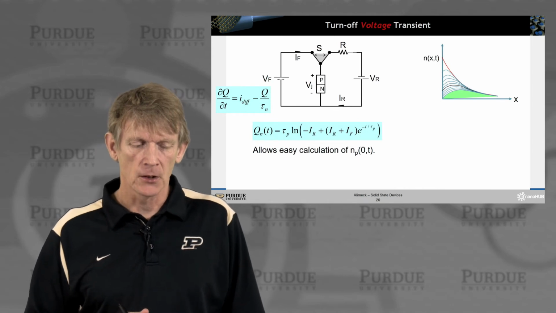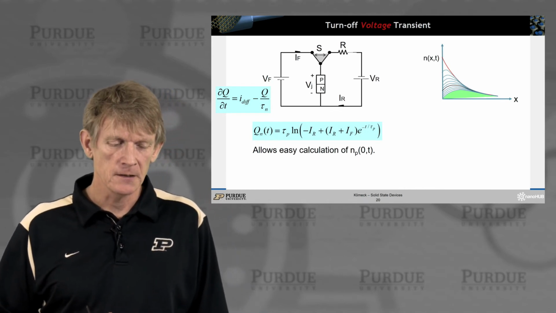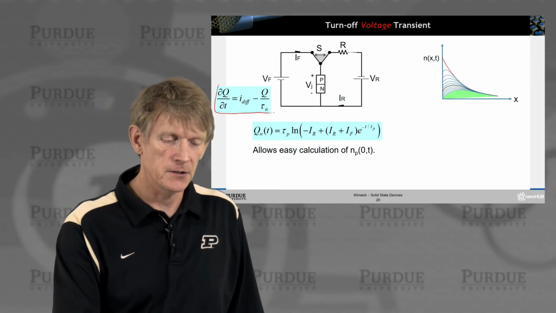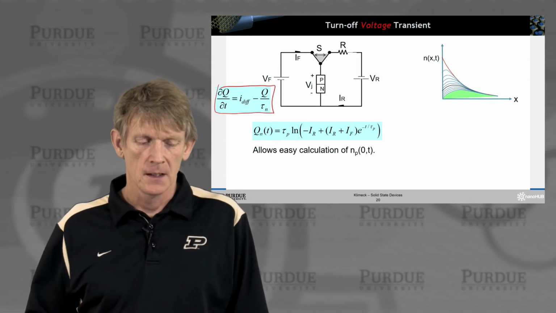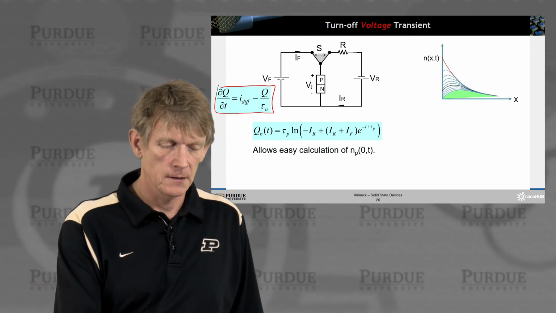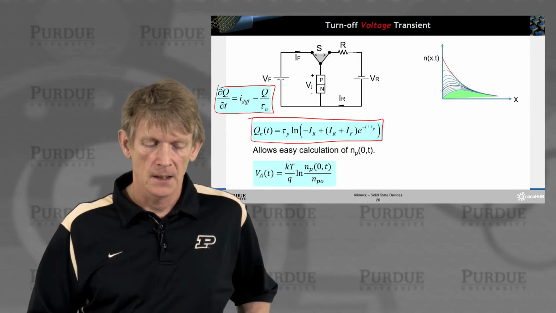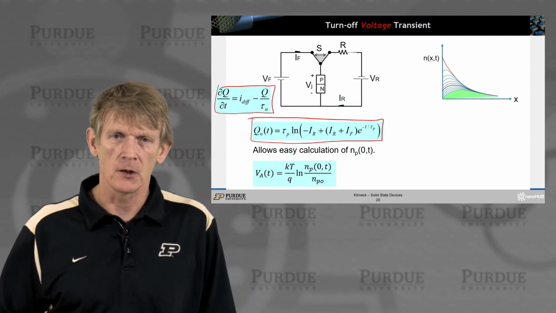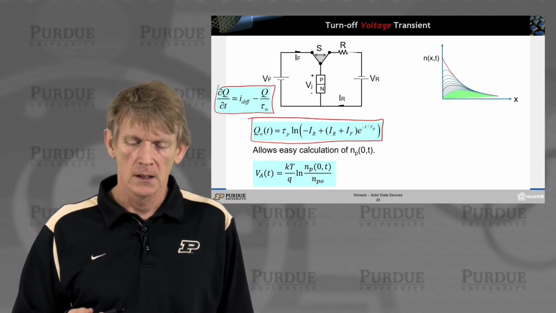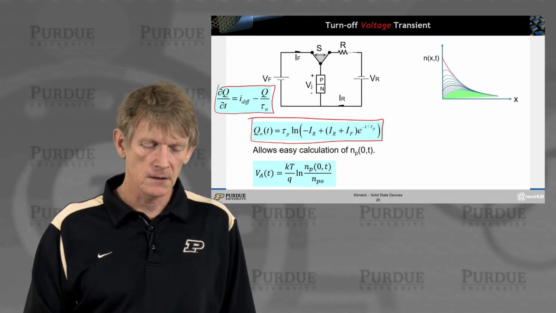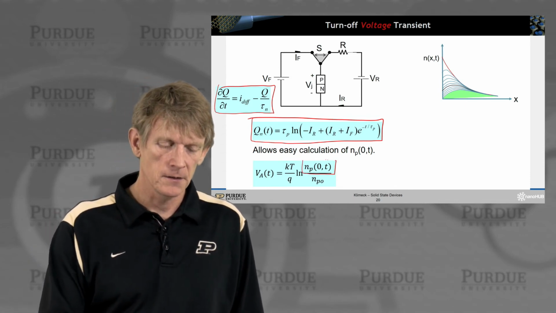Okay, so now we have an expression for the charge here as a function of time, and we can solve it like this, and that allows us to calculate also the voltage that is on the diode as a function of time, and we see it here, the time evolution.